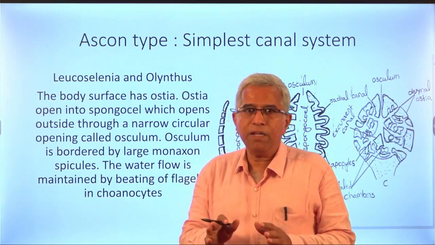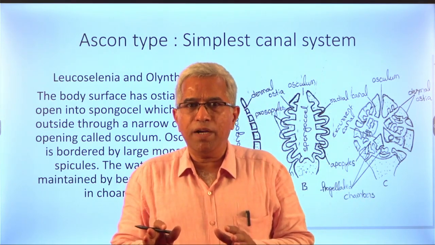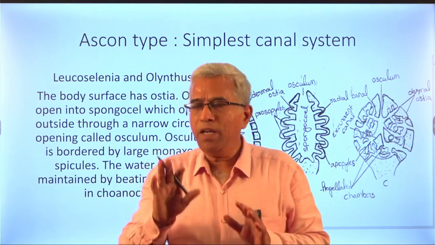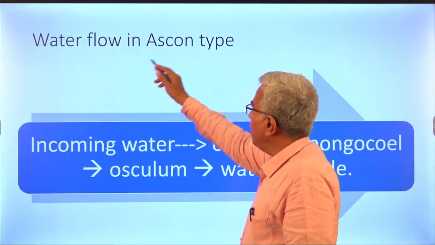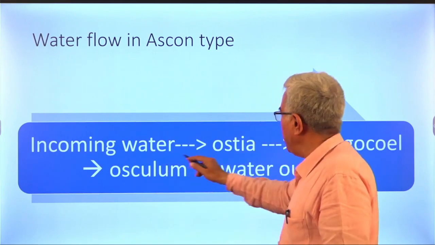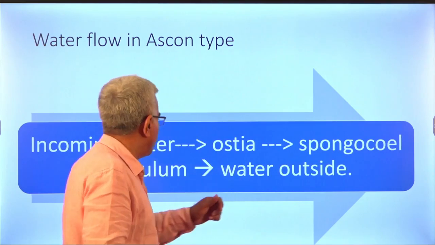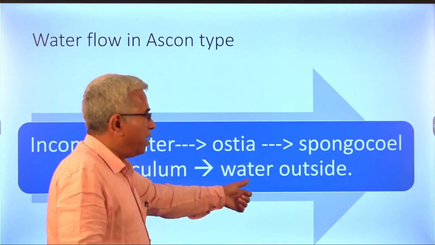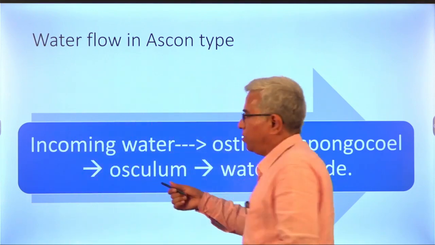To sum up, my dear students, this Ascon type is the simplest type, which contains ostia, spongiocele, and osculum. That's it. And you can see the water flow, how it flows in Ascon type. Incoming water enters the ostia, and from the ostia it enters the spongiocele, and it goes outside through the osculum.